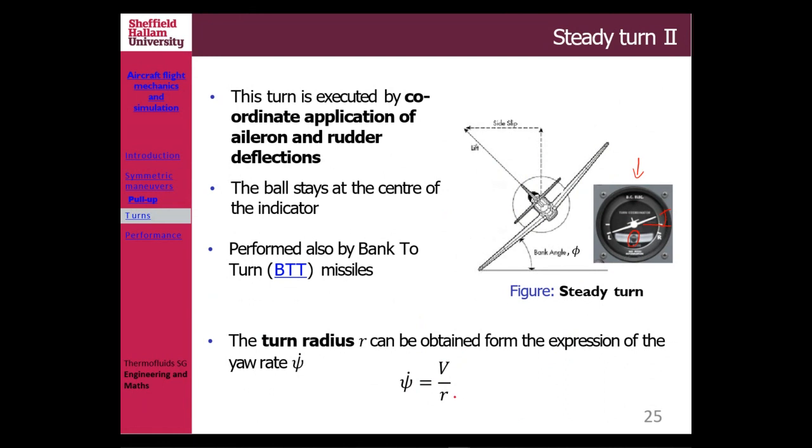Now the turn radius. If you look at the aircraft from the front view, it is going to be like that. But if you look from the top view, and you make a steady turn, for example, if it's a good pilot, sorry to draw it like this, then your aircraft is initially over there.